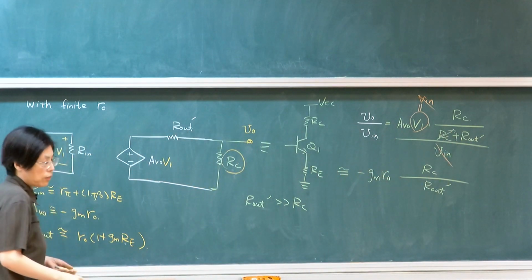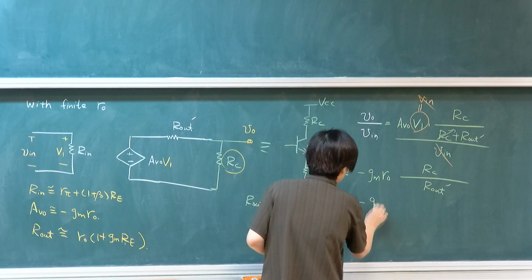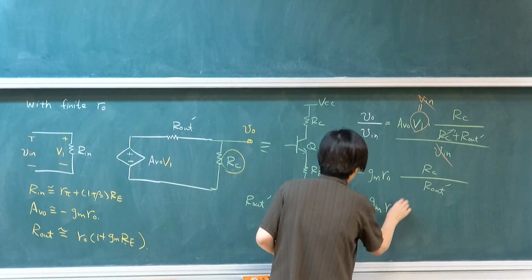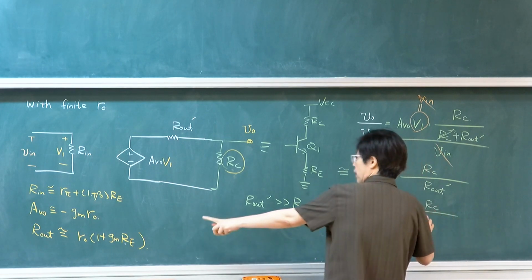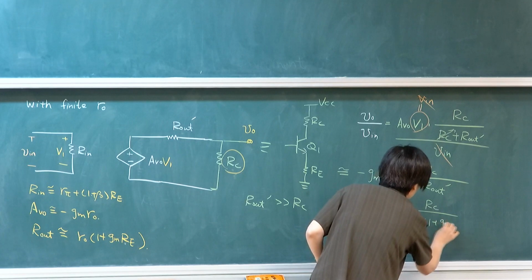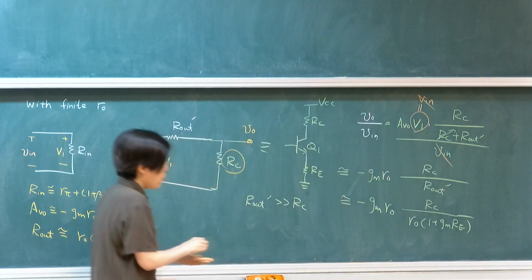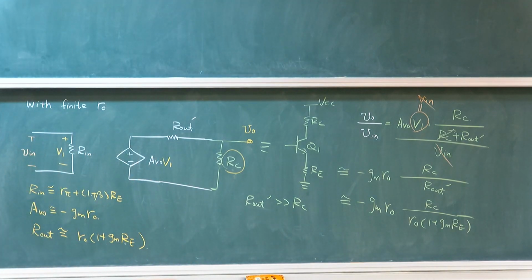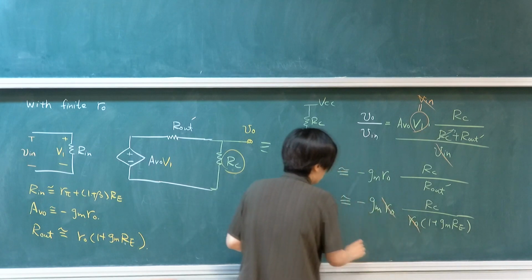Then we're getting the results. I'm trying to get to the same results as before. So RC is the top, and this will be RO (1 plus GM). I hope you see what we're getting at. This is canceled.